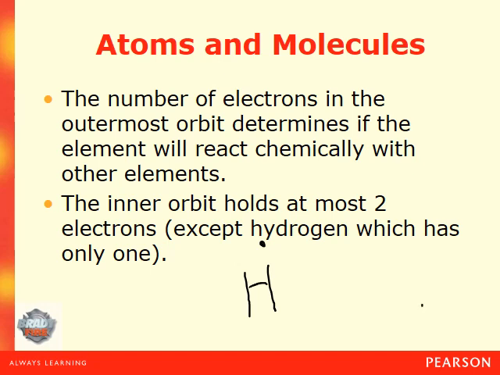Hydrogen is one of the most common elements in our environment, and it pretty much binds with everything because all elements want to have an outer shell, meaning that outer orbit of electrons, to be even.